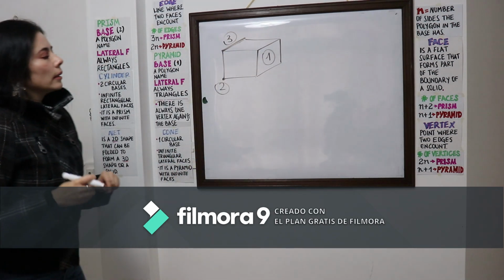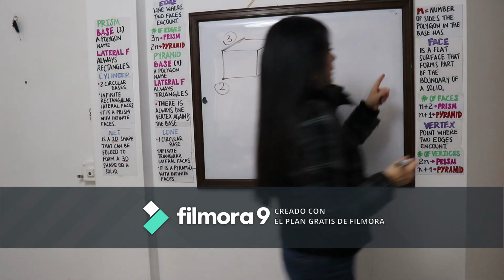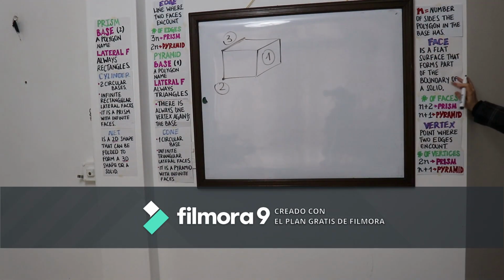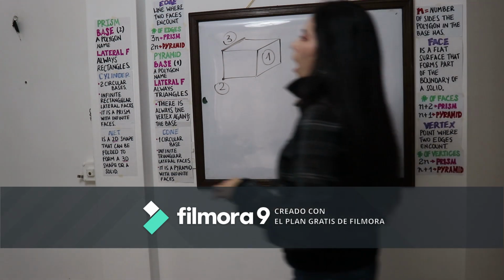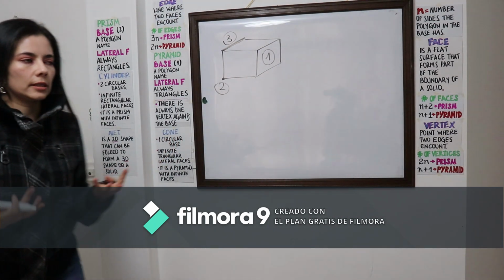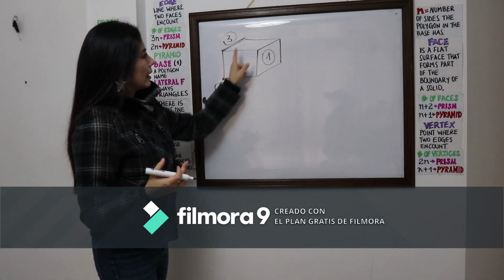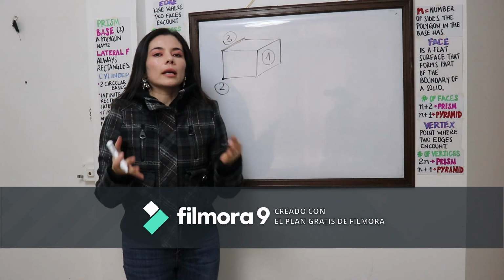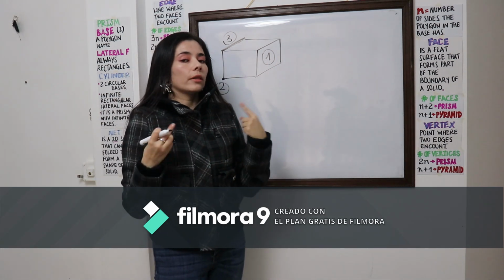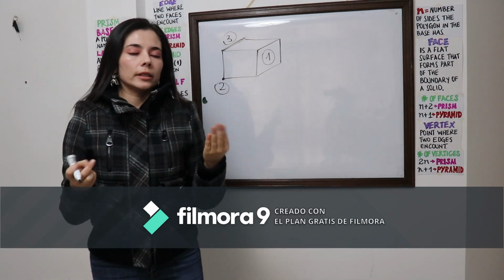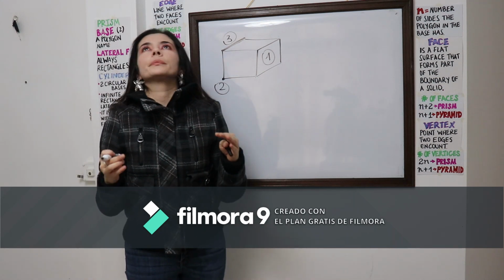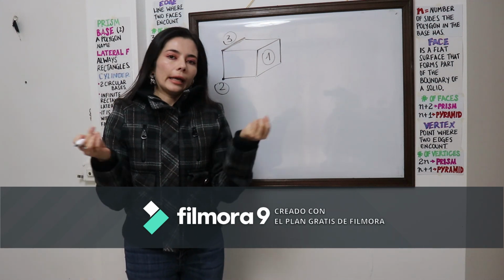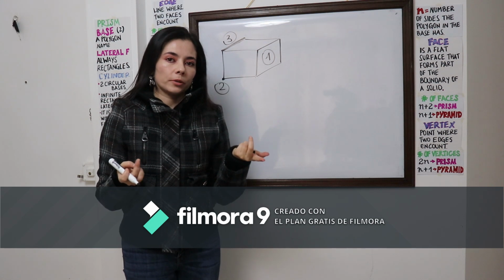Okay? So when we talk about a face, please keep this definition in mind. A flat surface that forms part of the boundary of the solid. In other words, a face is pretty much what borders the solid. Now, since we are in 3D, the border is never going to be aligned as it used to be in the 2D shapes, right?